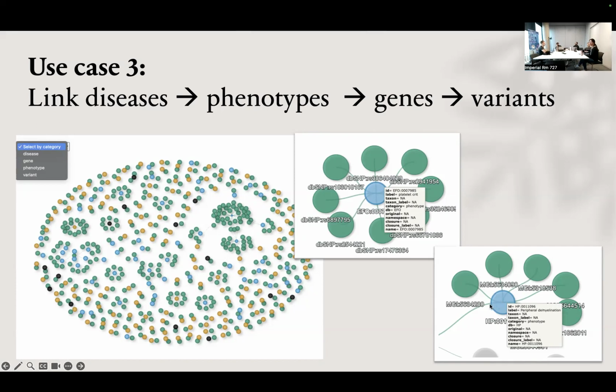So I think if I were plotting the full graph, what we would actually see here is this human phenotype ontology term connected to an equivalent mouse phenotype, and then they're both connected to all of these mouse variants and also some human variants. And so you can get very, very detailed in terms of what kinds of relationships you want to look at.